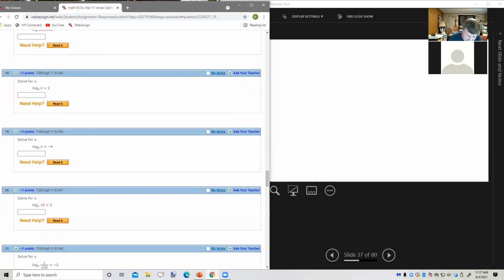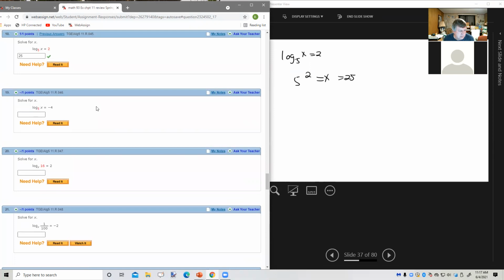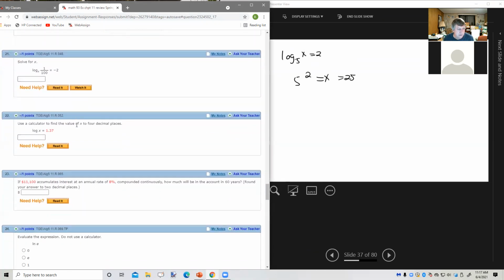Solve for x. We've got log base 5 of x equals 2. If I change this into an exponential equation, I get 5 squared equals x, which would be 25. How about 21?